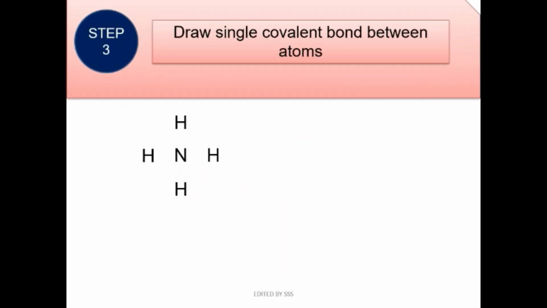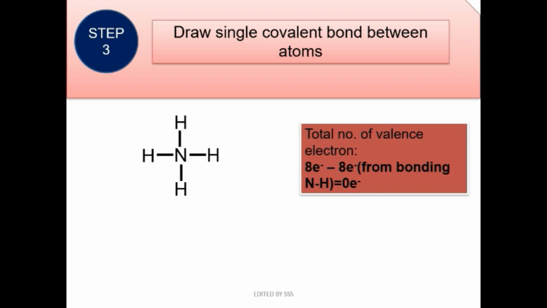Step 3. Draw a single bond between nitrogen and each hydrogen atom. Here, we use 8 electrons in drawing 4 single covalent bonds between nitrogen and hydrogen atoms. So, no more electrons remain.